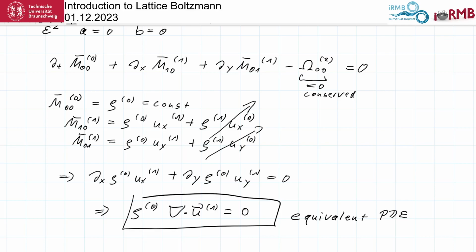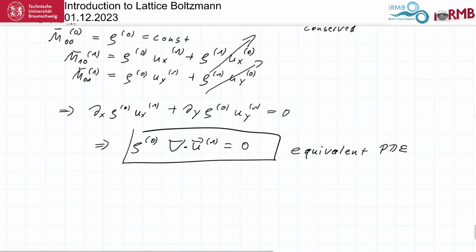Okay, that's not quite enough. We also need the Navier-Stokes equation, and this we get out of epsilon to the third order, with A equal to 1 and B equal to 0.